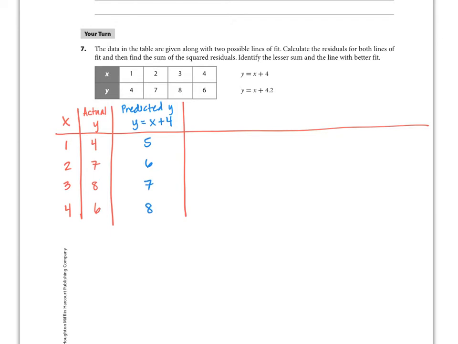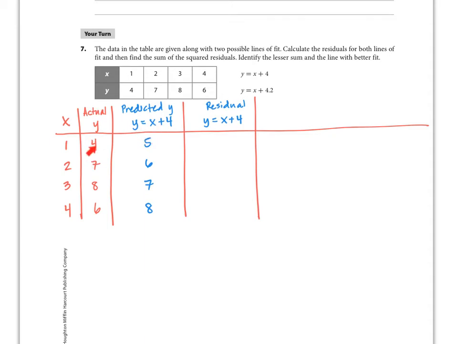Next, I am going to look at my residual for the equation I just used. Residual means I am taking the actual output minus my predicted output. I want to see how far away they are, because if I remember that these points aren't going to be on the line.